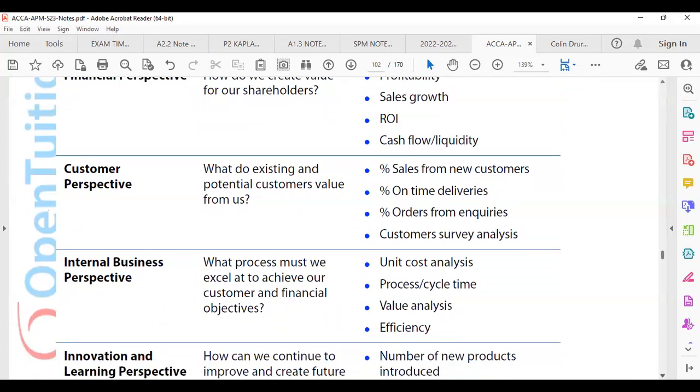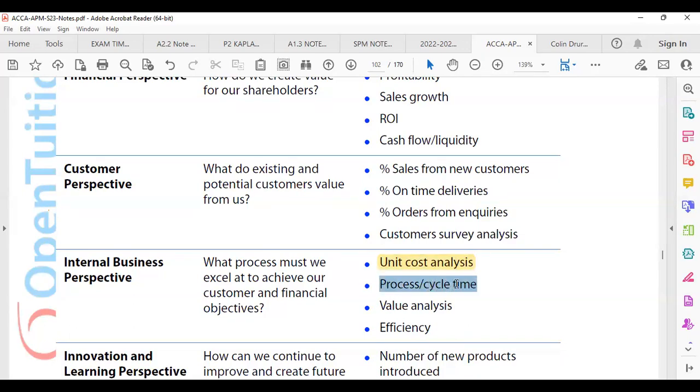Internal business perspective. What process must we excel at to achieve our customer and our financial objectives? So, that is more like within us. So you check the unit cost analysis, you check the process and the cycle time, you check the value analysis, and you check the efficiency. Is our value chain, our supply chain, really analyzed, and is it working properly?